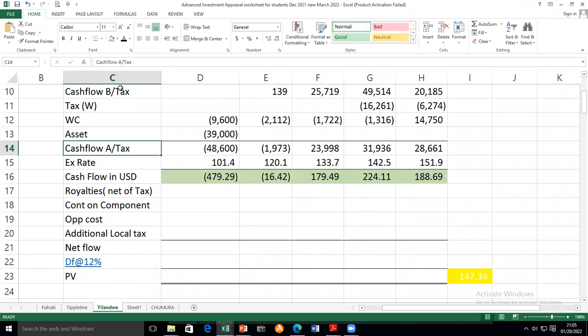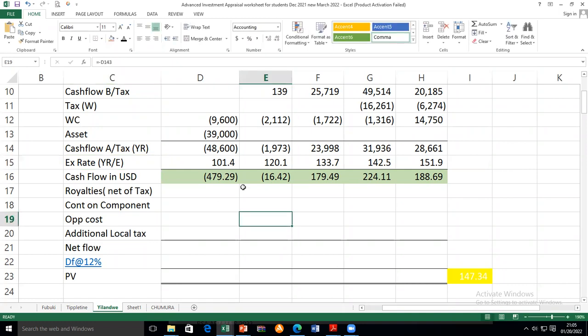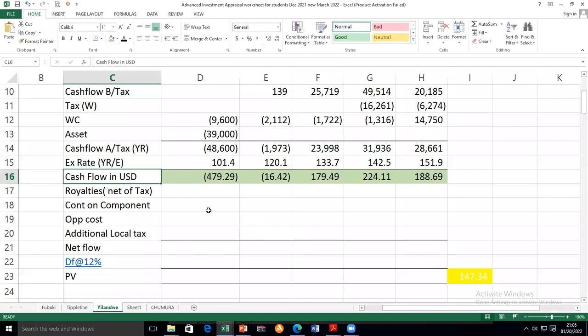These figures, which were in Y rand, have now been converted. And the exchange rate that we use is the one Y rand on a euro. So that is the one that we have used. These cash flows are now in USD. So these cash flows have now been converted. They have arrived in the USA.